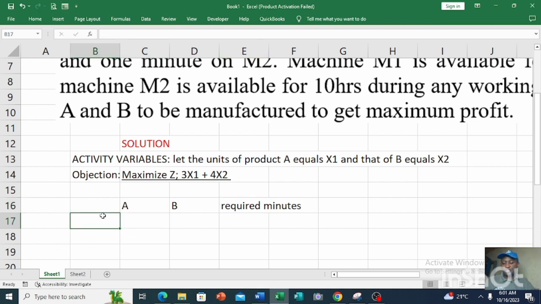So I have machine 1 and machine 2. Then let me just put the profit. So let's analyze the question together.